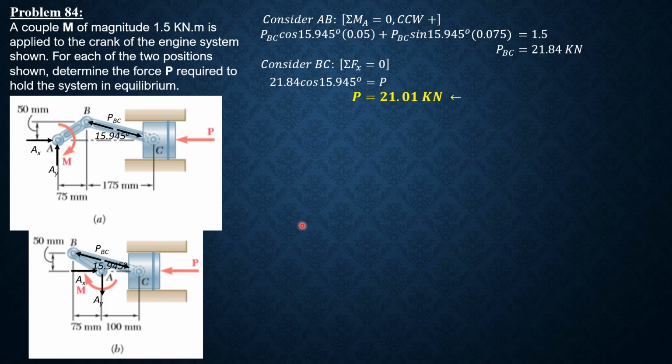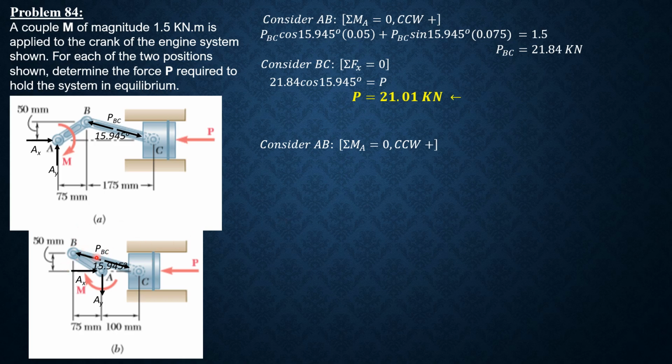So therefore, summation moment considering AB about A equals 0, counterclockwise positive. The horizontal component is counterclockwise, the vertical is clockwise.